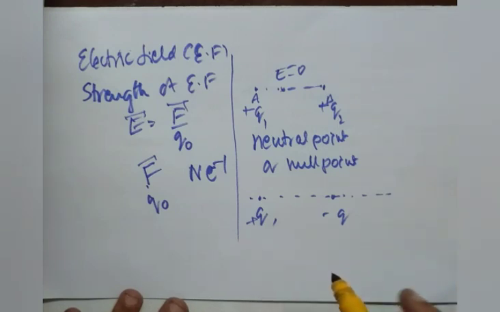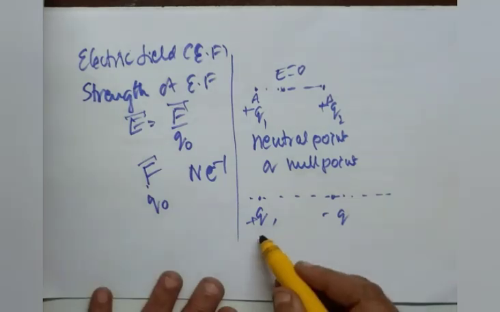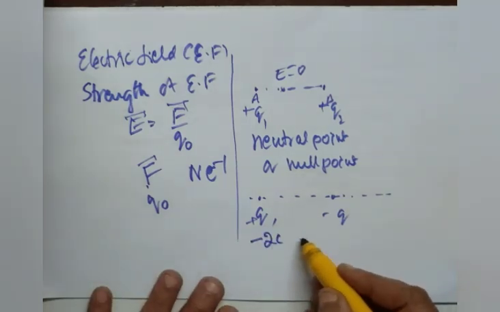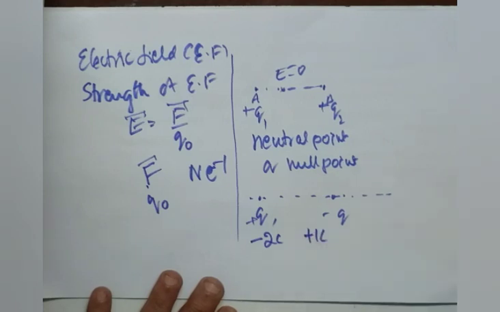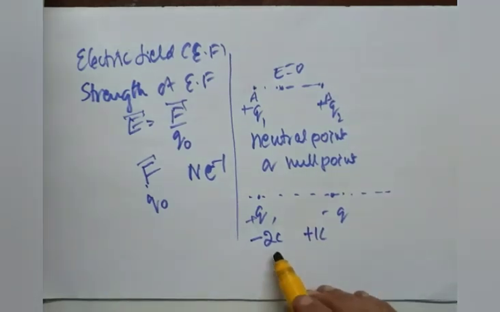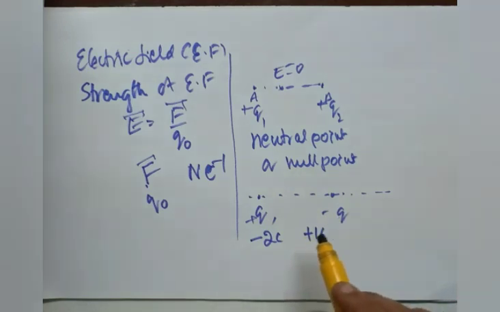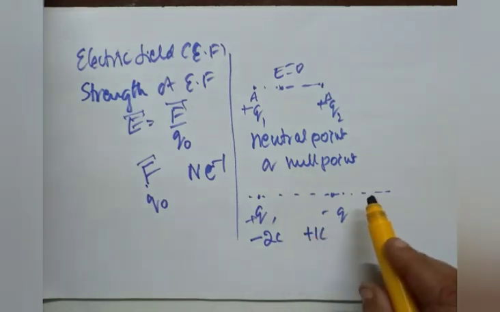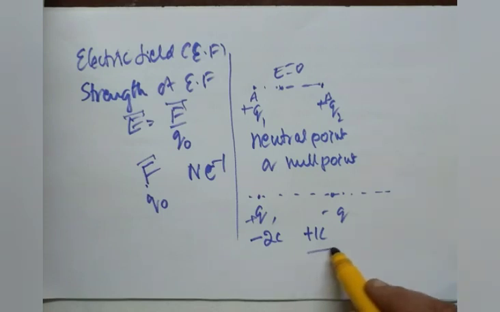Weaker and stronger in electrostatics mean with respect to the magnitude of charges, not the sign. If I take minus 2 coulomb and plus 1 coulomb, minus 2 coulomb is not weaker than 1 coulomb. Because of the magnitude, minus 2 coulomb is the stronger charge. The value is what matters, not the sign. Therefore, with unlike charges, the null point usually exists nearer the weaker charge.